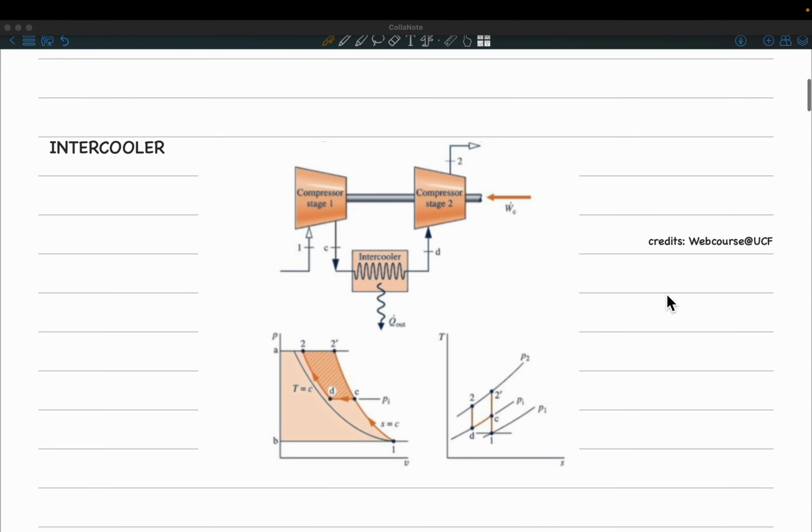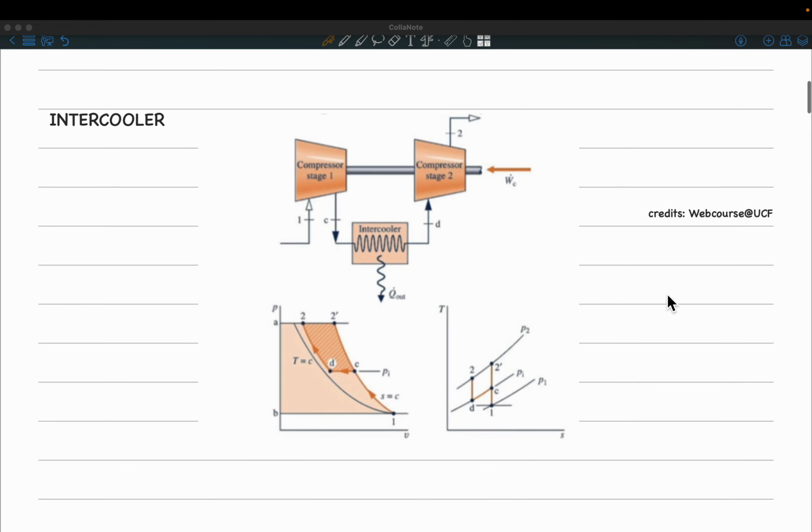And then the second important thing is the intercooler, and an intercooler is used between compressors. So for example, say we have these multi-stage compressors, compressor stage 1 and 2. So what we do is we add this intercooler in between. So what happens in a compressor, when you're compressing the air, say for example from this state 1 to state 2.